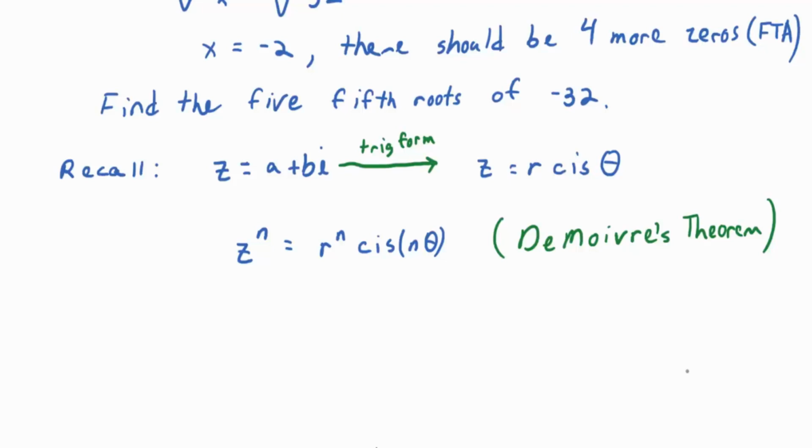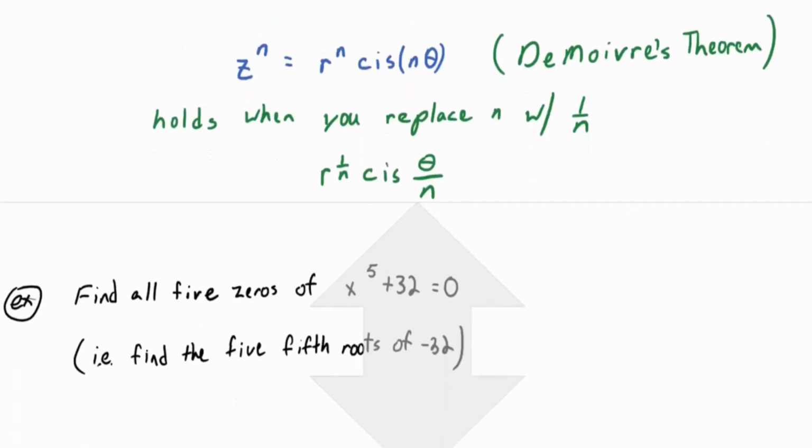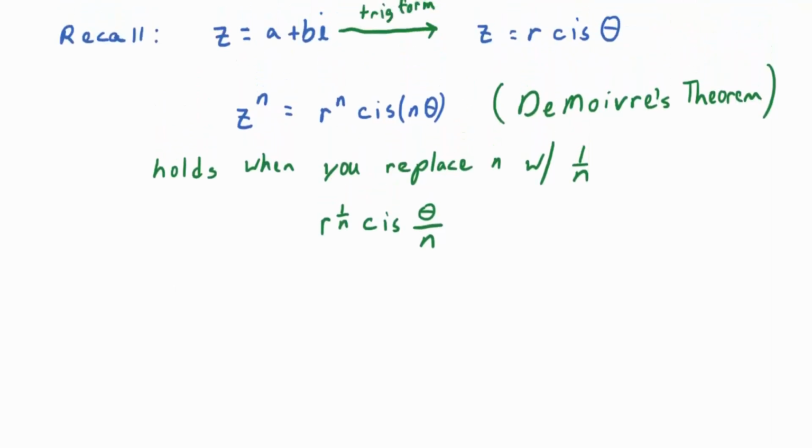I'm not going to prove it, but this holds when you replace n with 1 over n. In other words, we could write it like this: r to the 1 over n cis theta over n. Now, I'm not calling this z to the 1 over n because there are a few representations of z to the 1 over n.